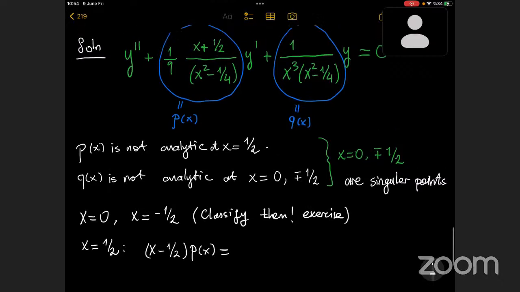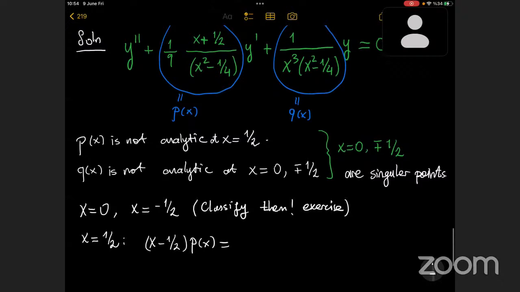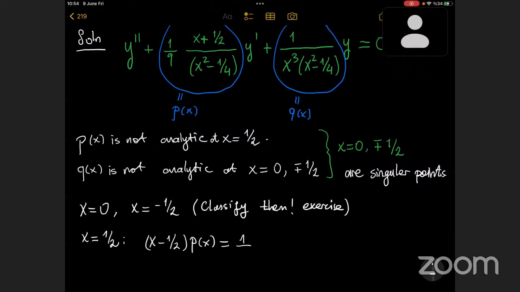And this is going to be 1/9 times, when you multiply with x minus 1/2, it's going to be x squared minus 1/4 over x squared minus 1/4.